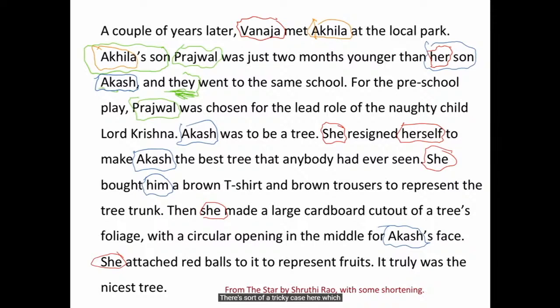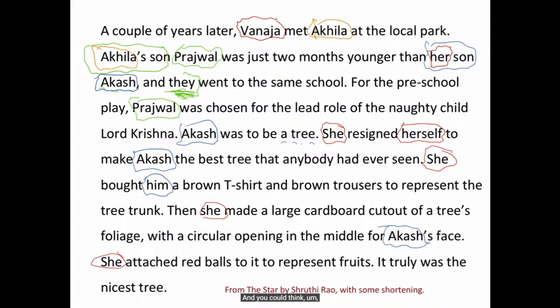There's a tricky case here, where you could wonder what the right treatment is, right? It says Akash was to be a tree, so in some sense, the tree is Akash. So in terms of reference in this story, the reference of the tree is the same as Akash.